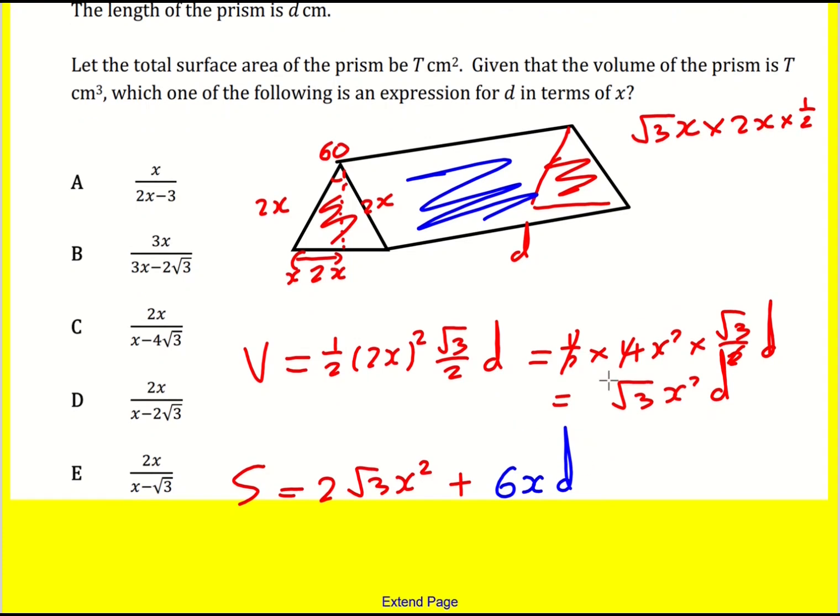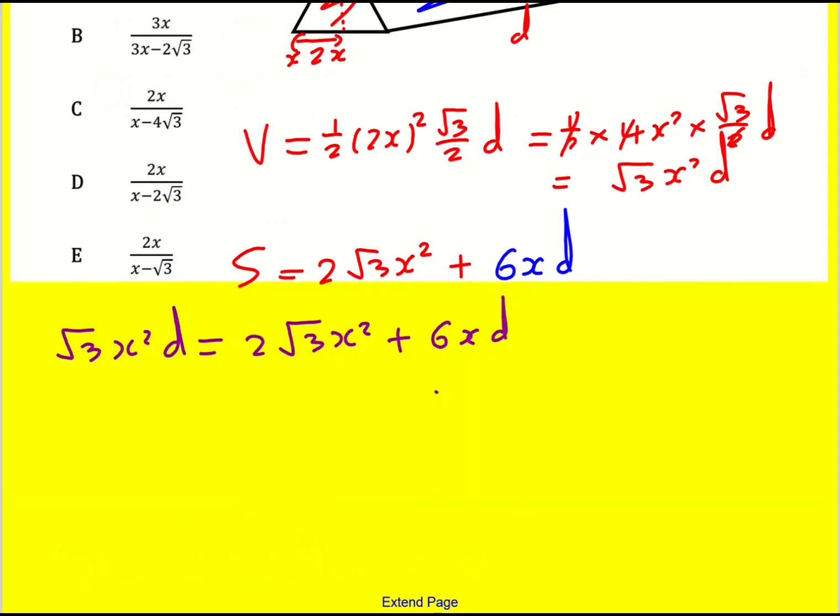And now we're ready to set them equal to one another. So root 3 x squared d equals 2 root 3 x squared plus 6xd. I can divide through by x. That's going to be my first thing.